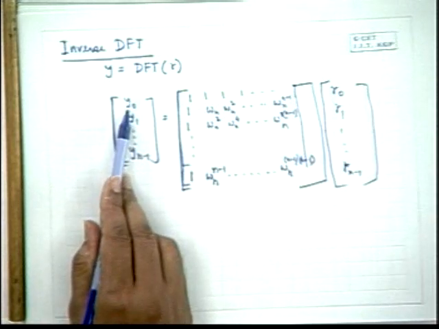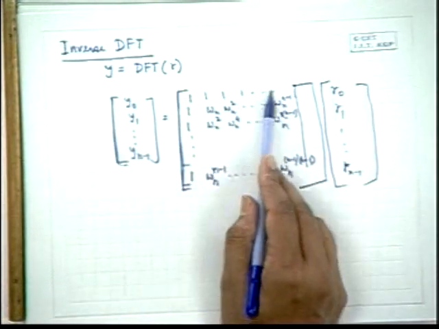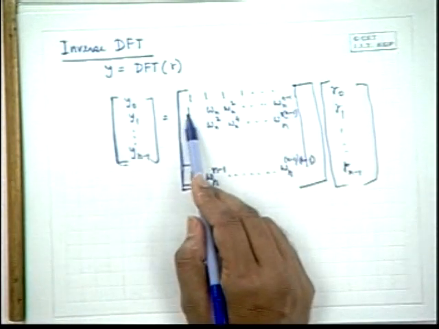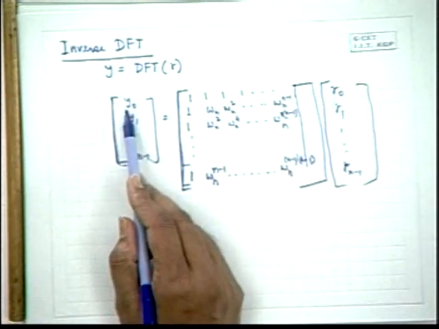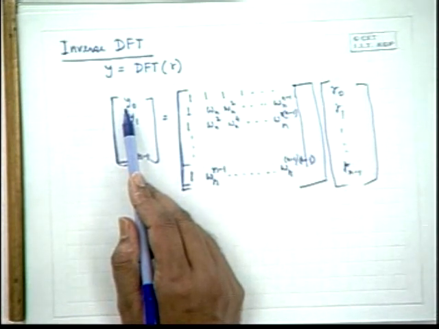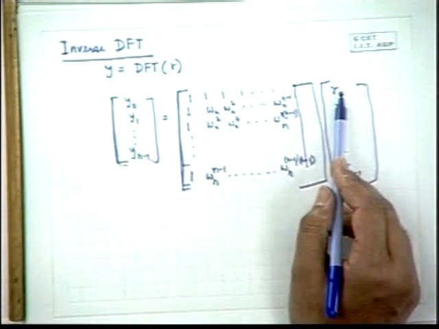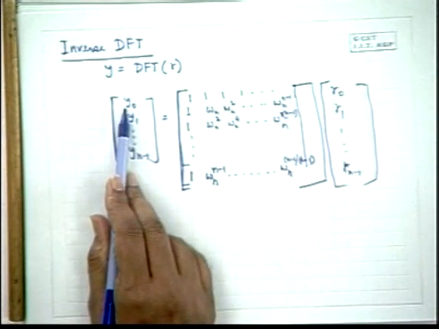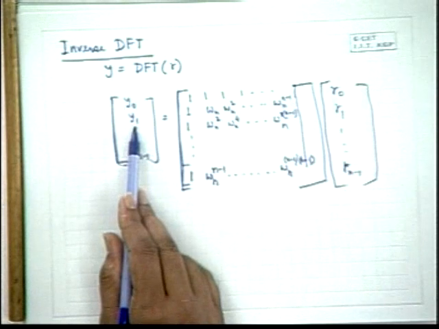See, how would you get y0? Take the first row with this vector. When x is equal to 1, that gives you R0 plus R1 up to Rn minus 1, which is y0. How will you get y1?